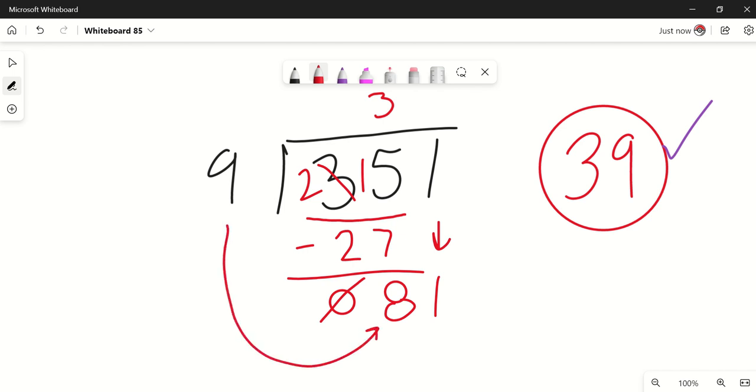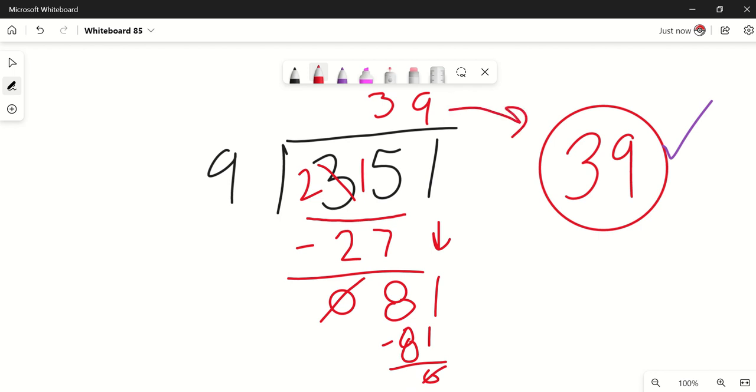If you ever have a number that can still go into what's left over, we may have made a mistake. This number should always be less than the divisor. So if it's not, there is a mistake. So 9 cannot go into 8. I bring down the 1. 9 goes into 81 9 times, which equals 81, and I have nothing left over. Hence my answer is 39.